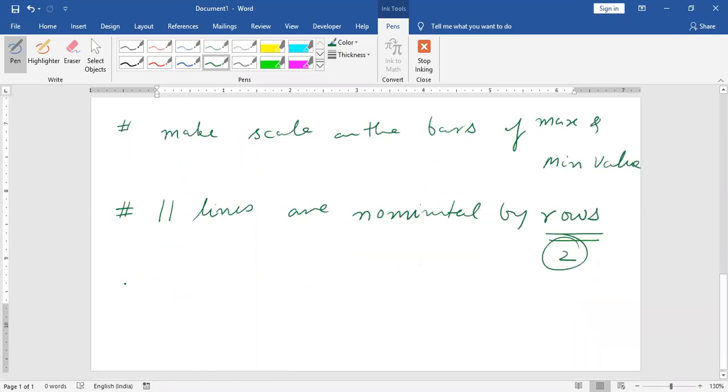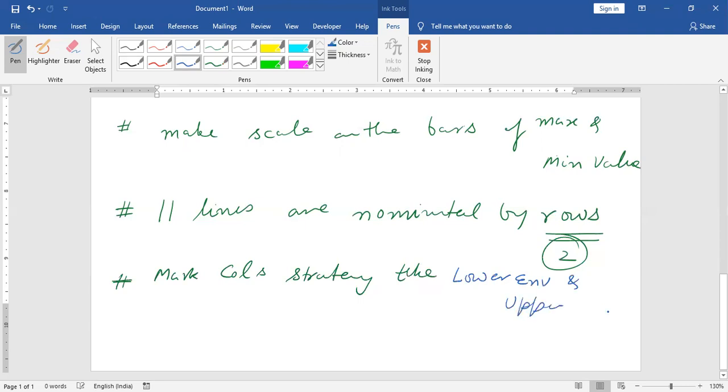Then mark the column strategies, and take the lower envelope and upper point.